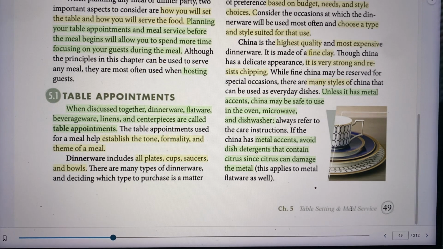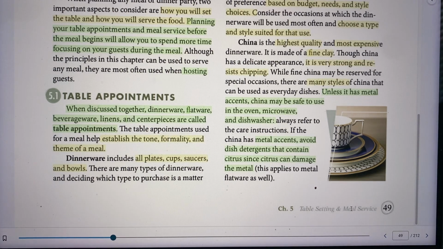So what's a table appointment? Basically, table appointments, it says here, are when discussed together, you have dinnerware, flatware, beverages, linens, and centerpieces, and all these are called your table appointments, those things that are on the table.